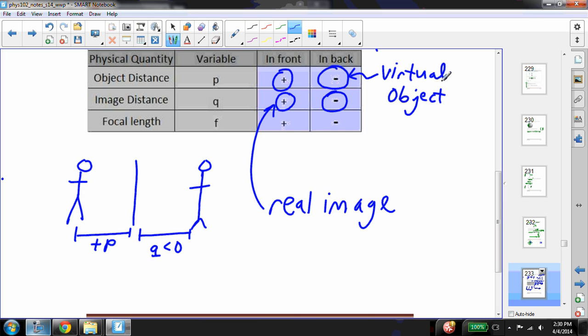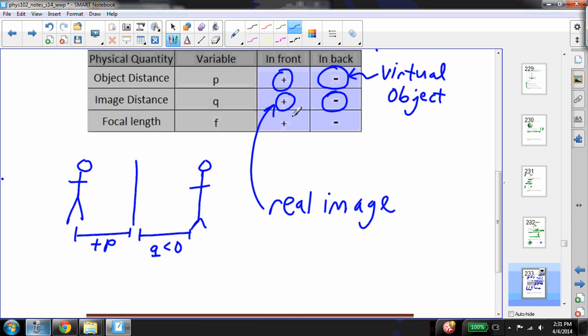But where the people were inside the mirror, behind the mirror, they would be like virtual objects, okay? But that's just in the movies. So anyway, virtual objects, which we'll see a little bit later when we do combinations of lenses. A virtual object is an object that's behind the mirror. So we'll tuck that aside for now, and we'll see it a little bit later.